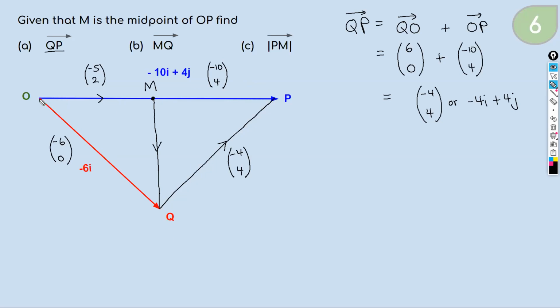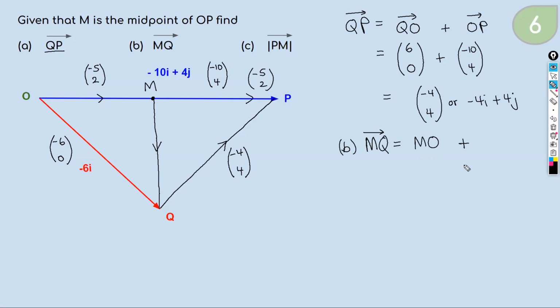Also, remember, if from here to here is minus 5 and 2, then MP, the other half, would also be what? Minus 5 and 2. So each half will have the same value. I'm going to go this way from M to O and O to P. So MQ, it's from M to O and then O to Q.